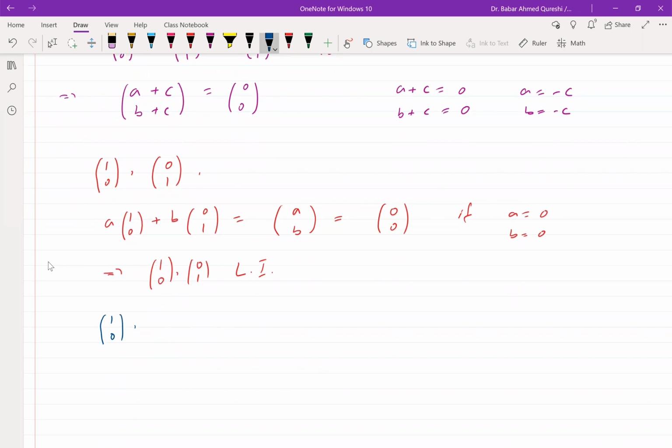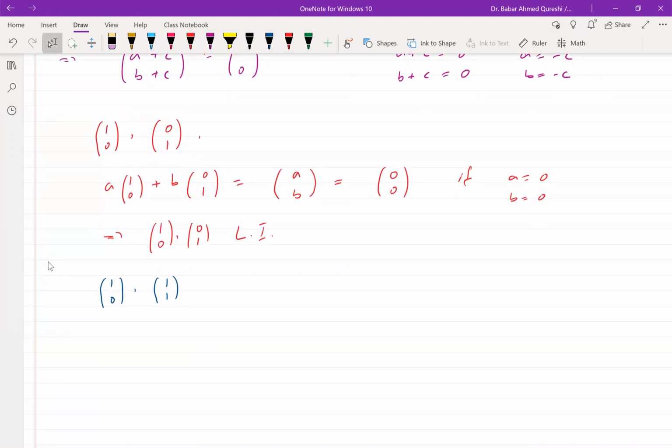So I pick (1, 0) and (0, 1), now I pick (1, 0) and this other guy, (1, 1). Now let's check if these two are linearly independent or not.